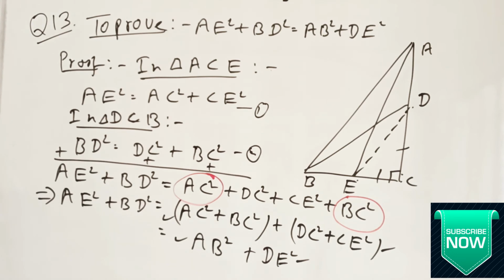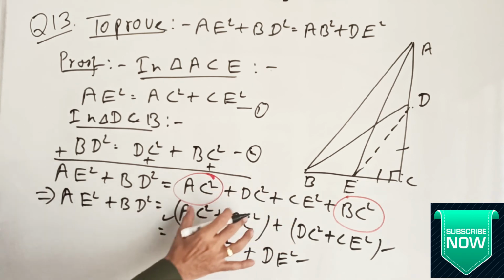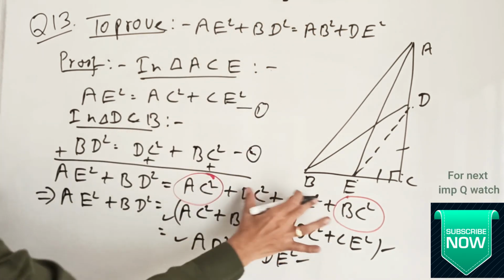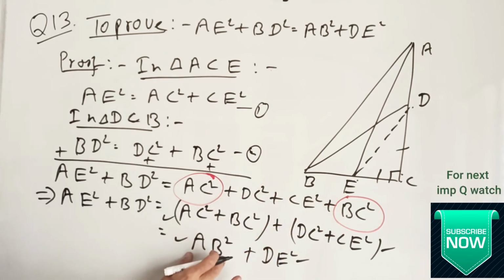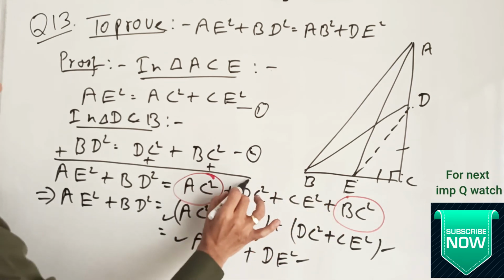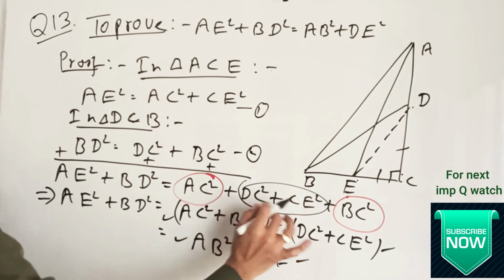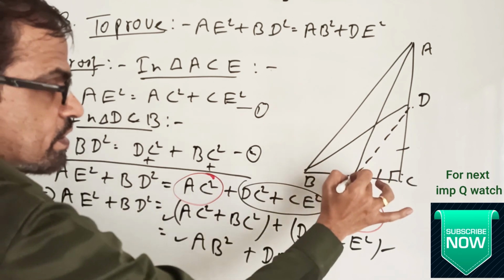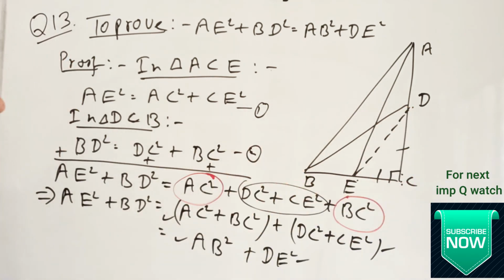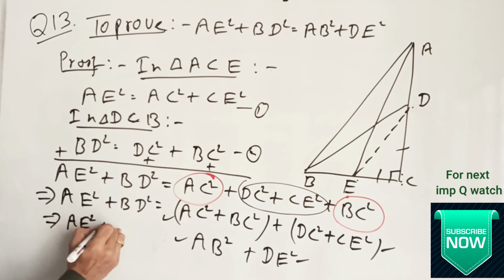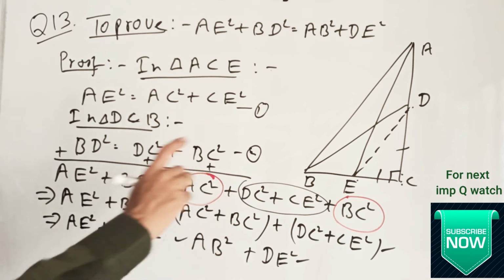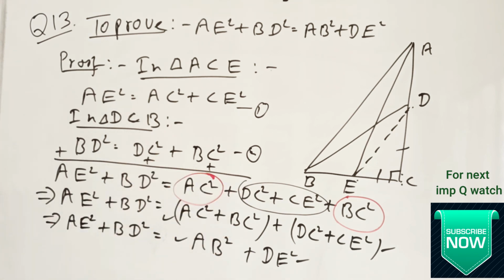Okay, student. So we make the pair according to our need because we need the AB square and DE square. So these two red portions combine and gave the AB square by Pythagoras, and the rest, DC and CE squares, we put in the bracket. So they also give us DE square by joining this one in a small triangle DCE. So finally we got the AE square plus BD square is equal to AB square plus DE square, hence proved.